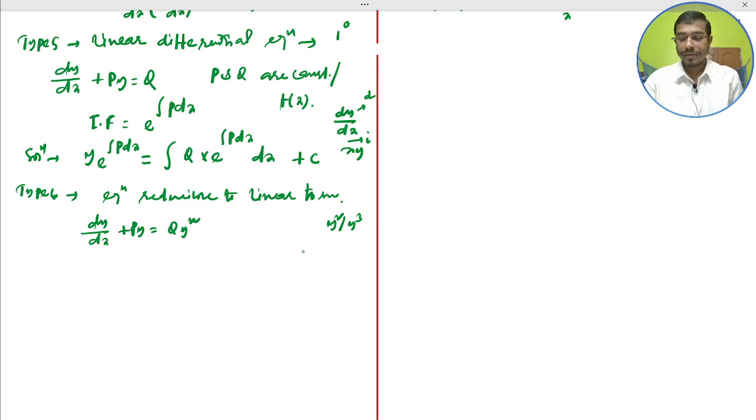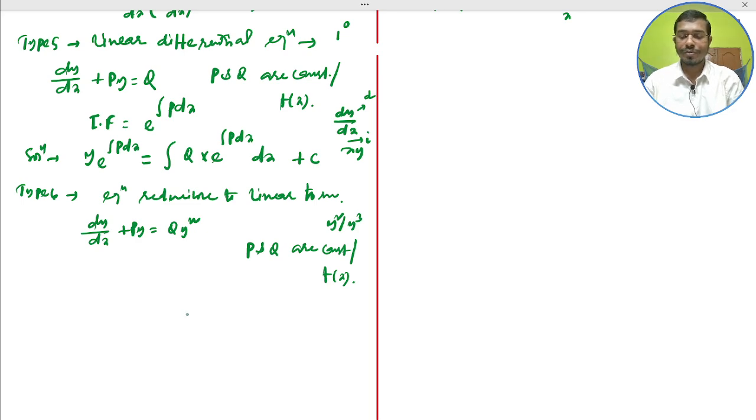Here P and Q are constants or functions of x only, but the power of y, the dependent variable, should be more than 1.